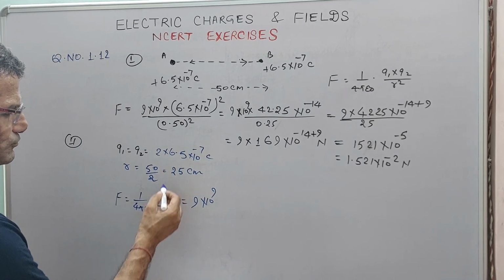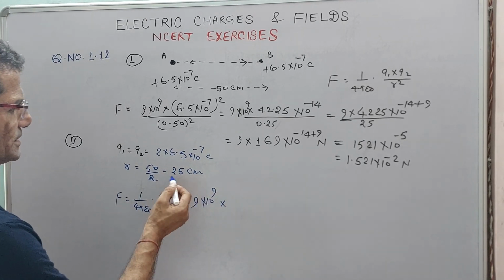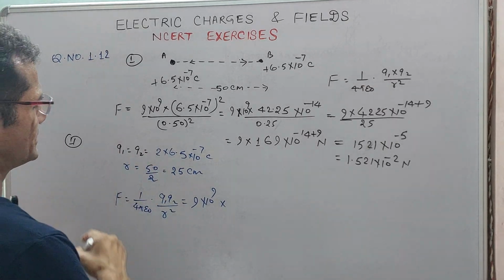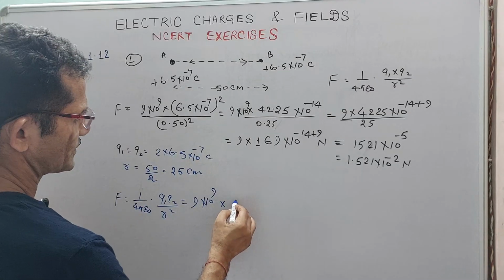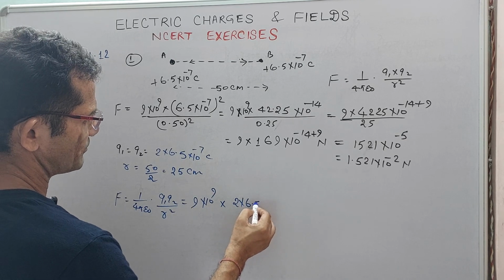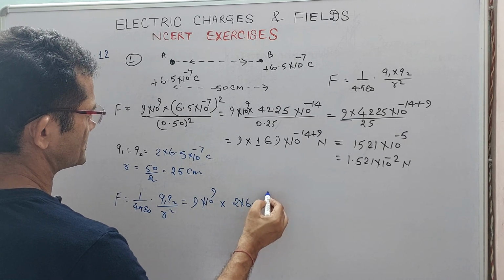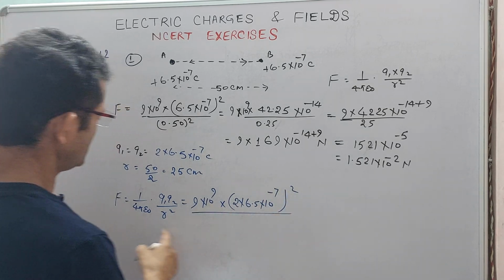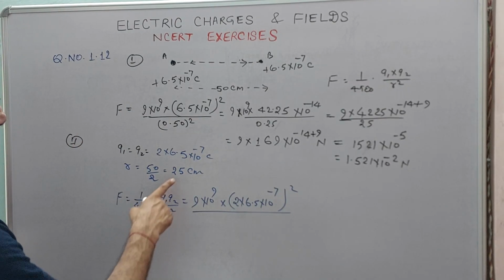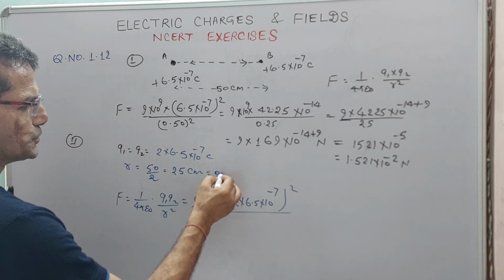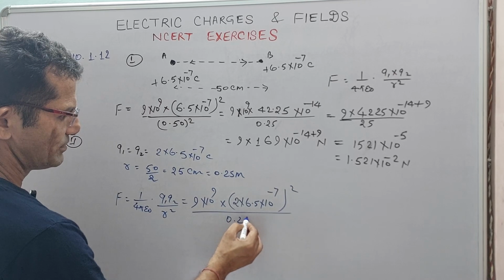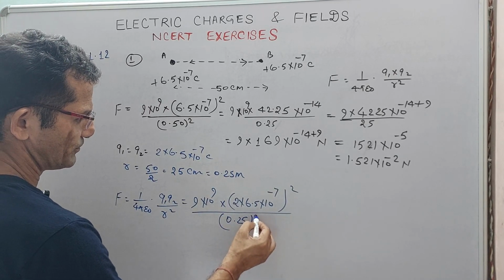The product of the charges, 2 into 6.5 will be 13, that is 2 into 6.5 into 10 raised to minus 7, whole square, divided by square of r. Here r is 25 centimeter, it becomes 0.25 meter. Now 0.25 whole square.